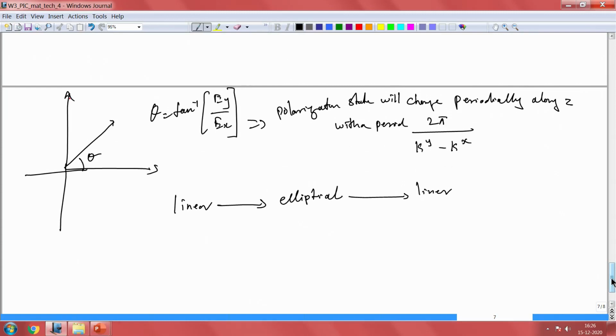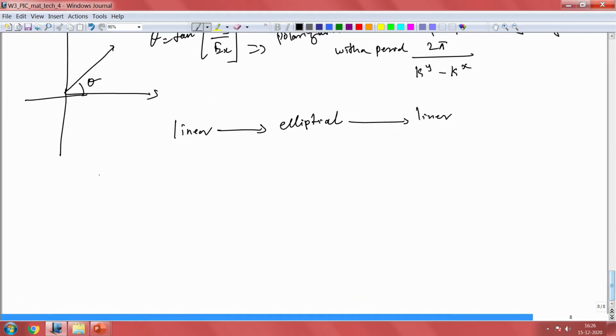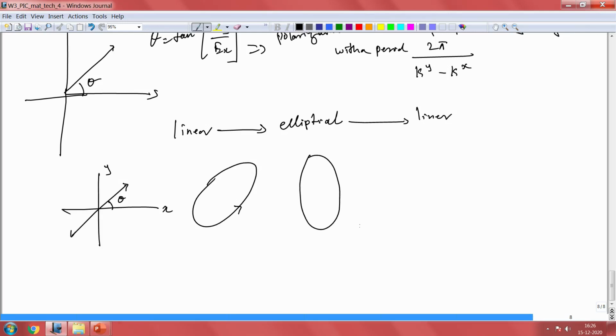So, let us just quickly look at how this will happen. If you have x and y, we have certain theta here. As it propagates, it is going to create a light that is oscillating in this direction, and then rotate it this way, and it will become left and right polarized, and now you will come back to a completely different angle altogether.